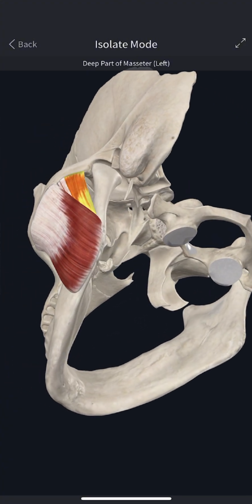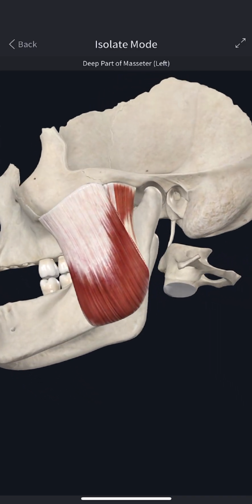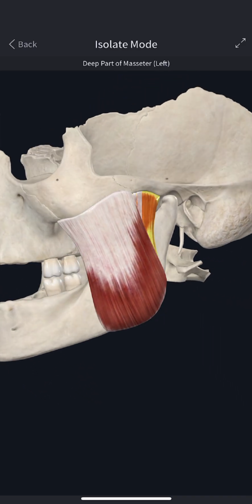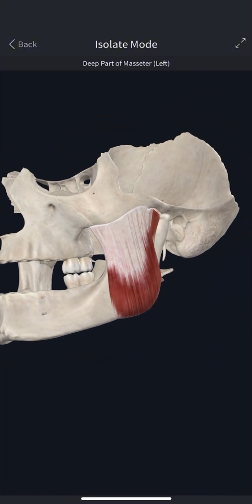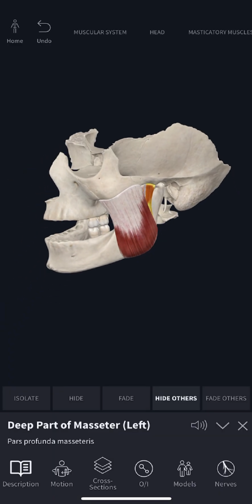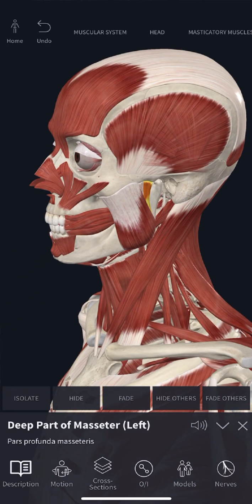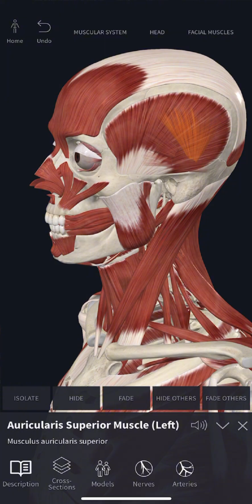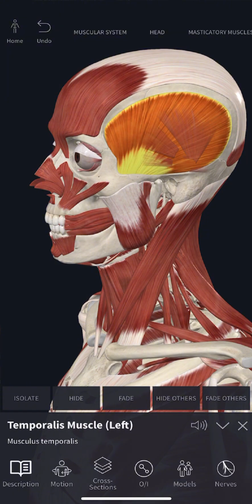So by elevating the jaw, we are going to bring the teeth towards the top teeth, thereby elevating the mandible. Once again, originating on the zygomatic arch, inserting on the ramus of the mandible, and it elevates the mandible.